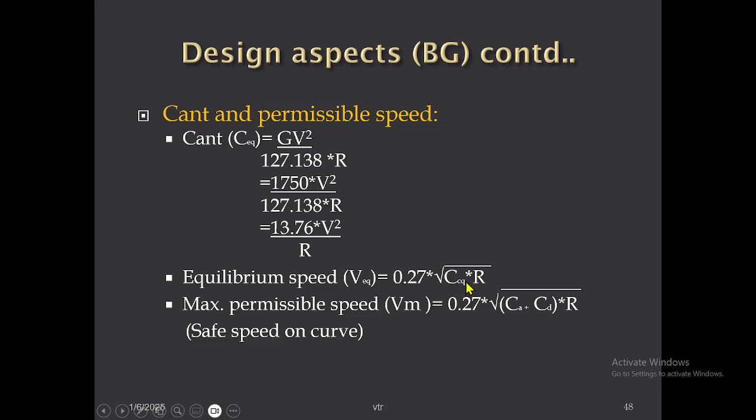Then coming to the maximum permitted speed, Vm equals 0.27 root of (Ca plus Cd) into R. That means even though we provide this cant, we can run the train at a still higher speed. We give some allowance of Cd, cant deficiency, as already discussed, for various routes as well as based on the rolling stock, 100 mm, 150 mm.